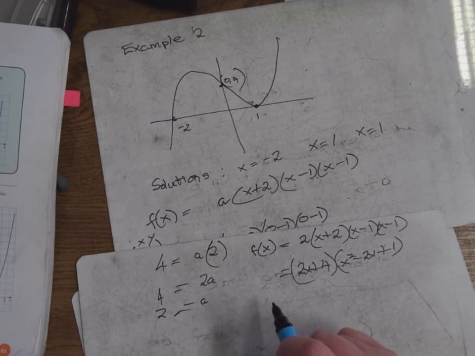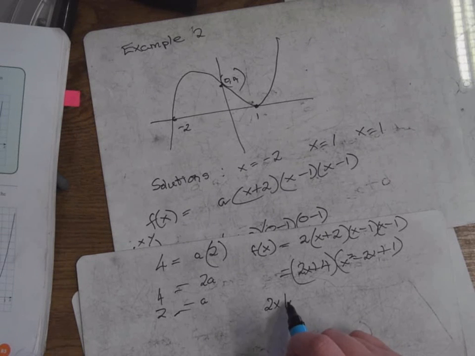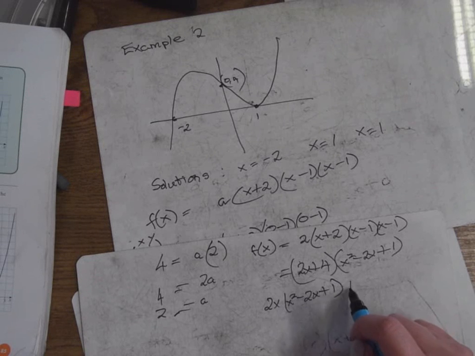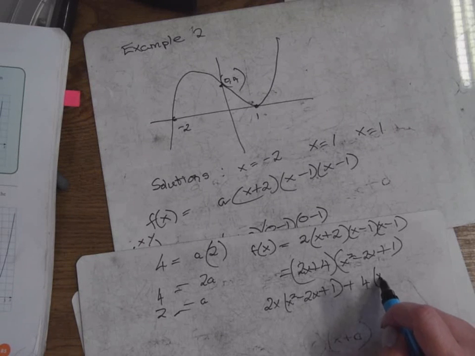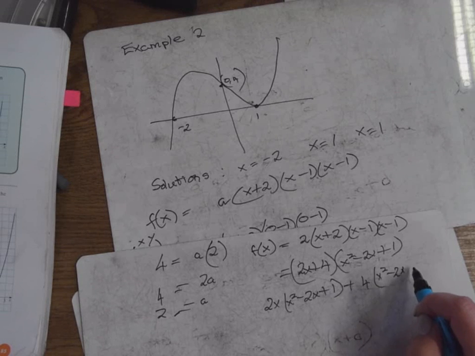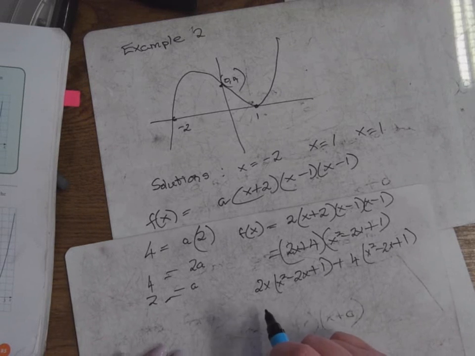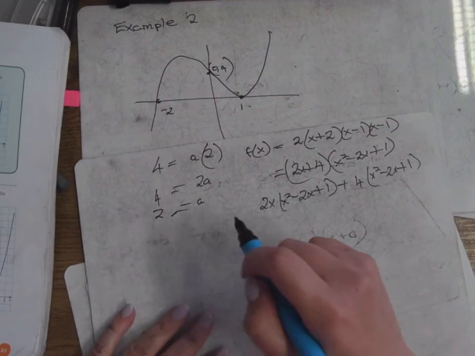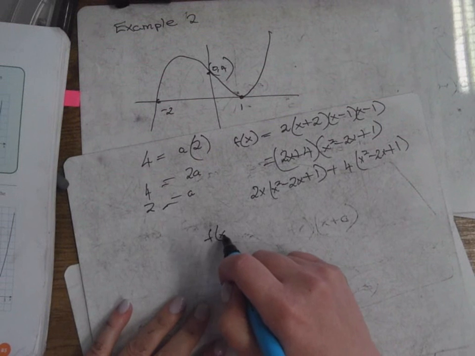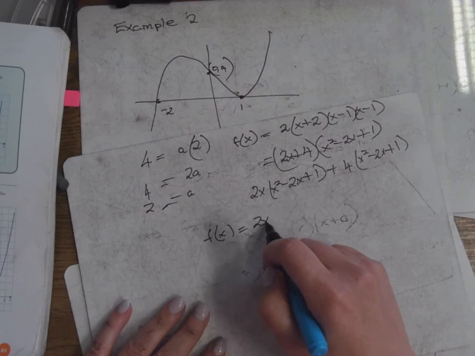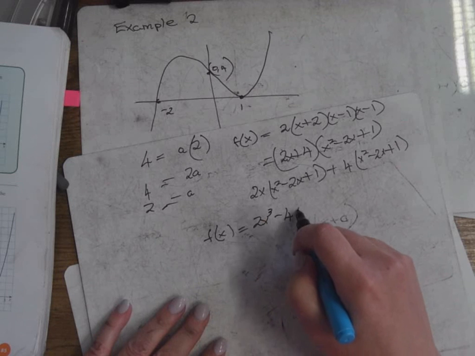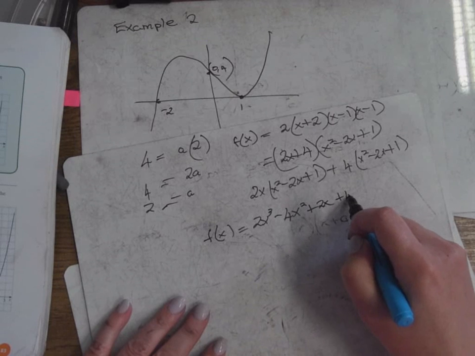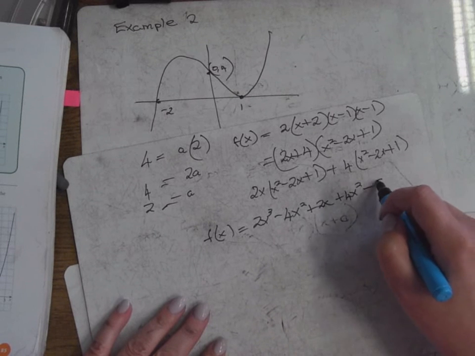Then that's 2x multiplied by x squared minus 2x plus 1, plus 4 bracket x squared minus 2x plus 1. Multiplying out, that's f of x is equal to 2x cubed minus 4x squared plus 2x plus 4x squared minus 8x plus 4.